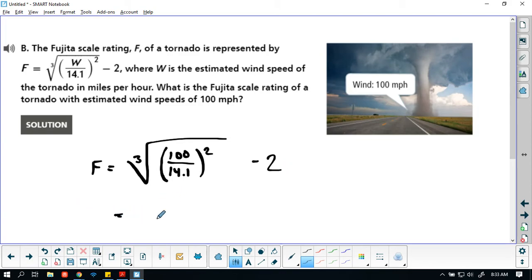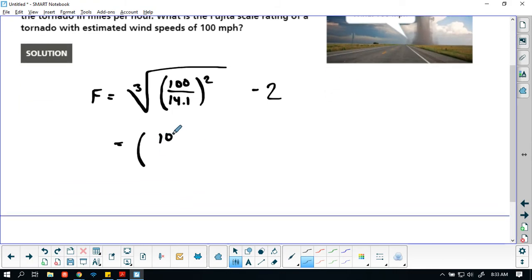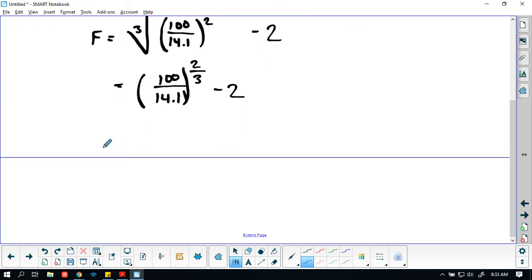So what we're really looking at here is 100 divided by 14.1, don't ask why I put the parentheses there, to the 2/3 value, minus 2. Okay, for this one, we will need to use a calculator.